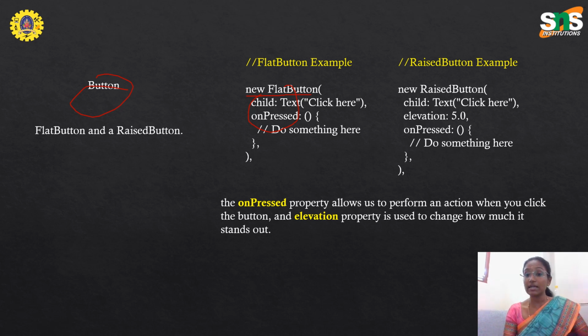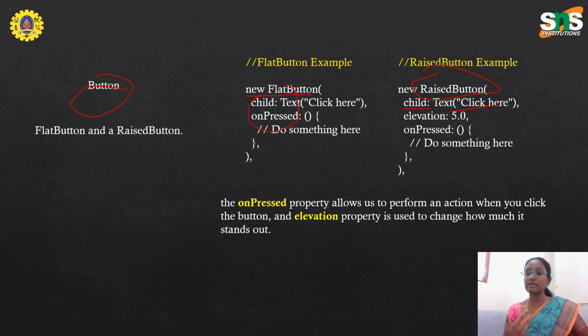Okay, and the next one, the raised button example. First we have to create a new raised button, in which R is always a capital and B is always a capital. The next one is the child widget, where we implement some text, click here. Text means click here, that is one of the texts on my screen. And then elevation is 5.0.